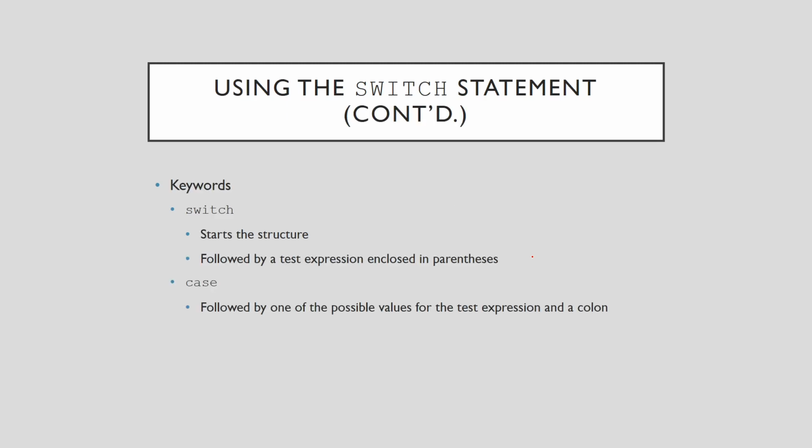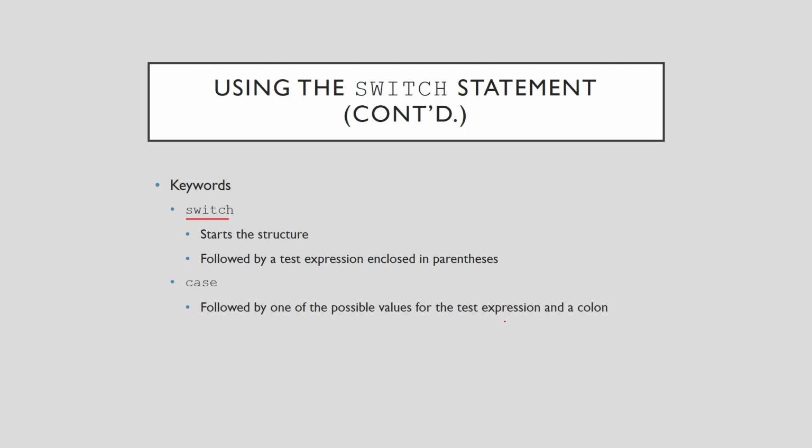And these are the keywords to be used in the switch statement. The switch keyword starts the structure of the switch. It will be followed by a test expression which is enclosed in parentheses. The case keyword will be used for possible values for the test expression, followed by a colon.